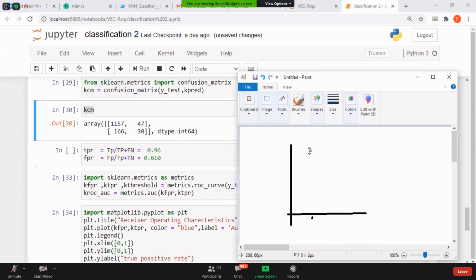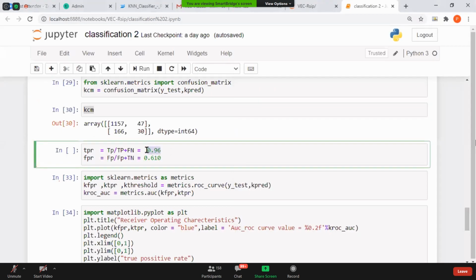0.96. Now, how am I getting a graph like this? Can someone tell me? Here they said the AUC-ROC curve is the plot between FPR and TPR.